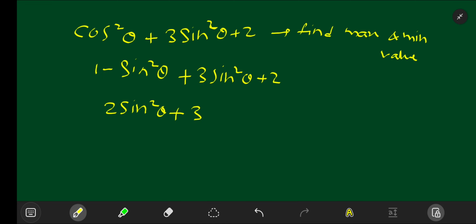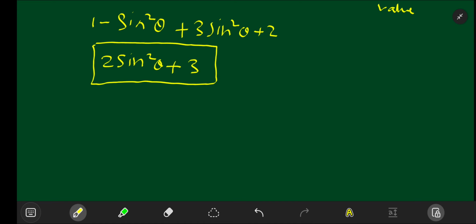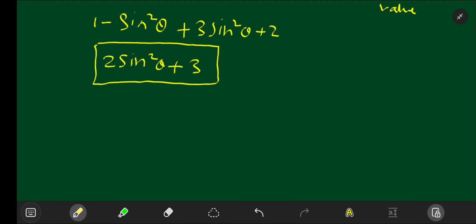Now we have to find the minimum and maximum value of this equation. We know sin square theta ranges from 0 to 1.